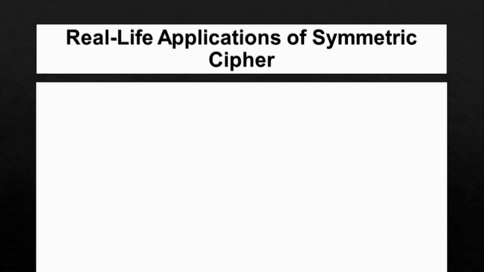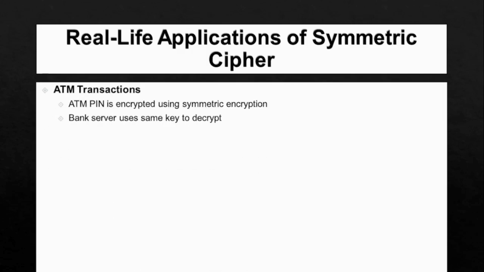Now let's understand some real life applications of symmetric cipher. In ATM machines, it is used to encrypt the PIN numbers. In zip files and folders, it is used for protecting them with passwords.